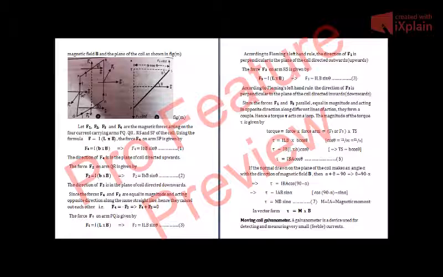So instead of force F1, you write ILB, and instead of the force arm TS, you write B cos theta. So it becomes ILB into B cos theta. This implies tau is equal to I into L into B cos theta. Now length into breadth is area of the coil. Since it is a rectangular coil, length into breadth is equal to the area of the coil. So it becomes IBA cos theta.